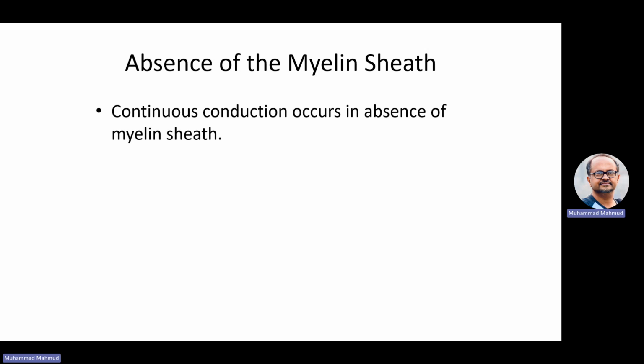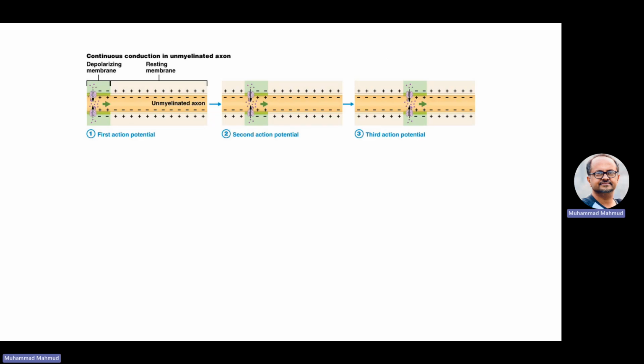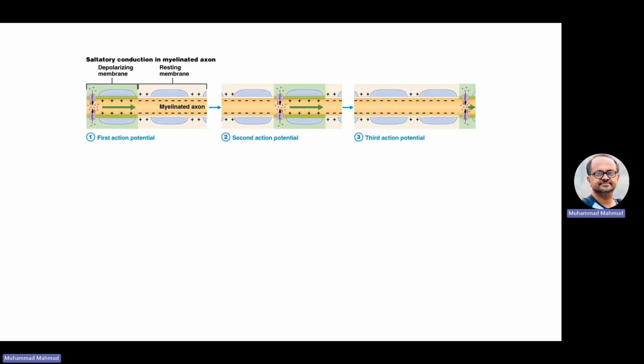If you compare it with the absence of myelin sheath, the unmyelinated one, the continuous conduction occurs like this one. You see here that it goes slowly. But the myelinated one happens one segment at a time. It's like a bunny hopping or like a kangaroo, jumping and jumping like that.